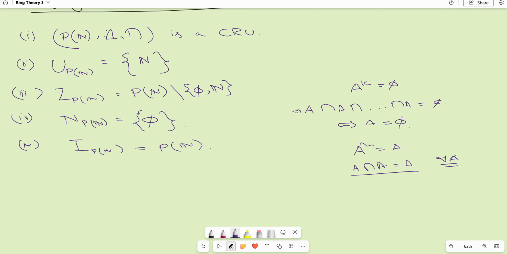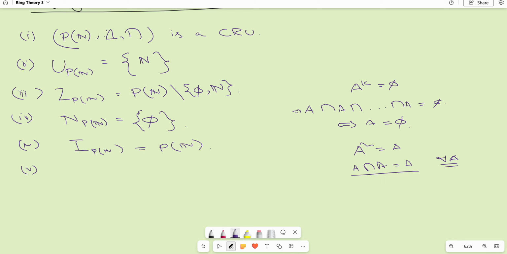Is it an integral domain? For an integral domain, every non-zero element should be a unit, but here N is a unit, right? Every non-zero element, if it is a unit, then we say it is an integral domain. What is the definition of integral domain? I mentioned it in lecture number 2, I guess.